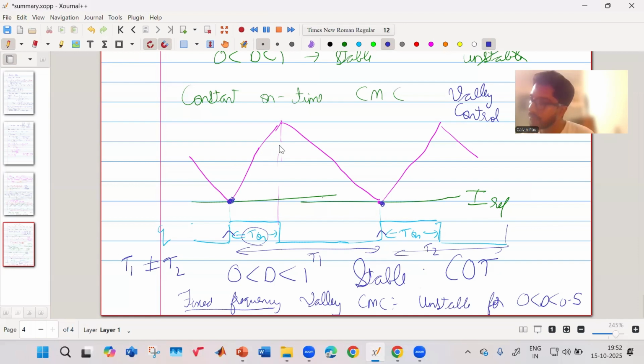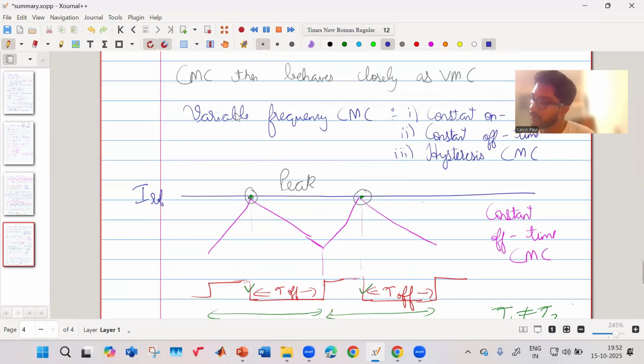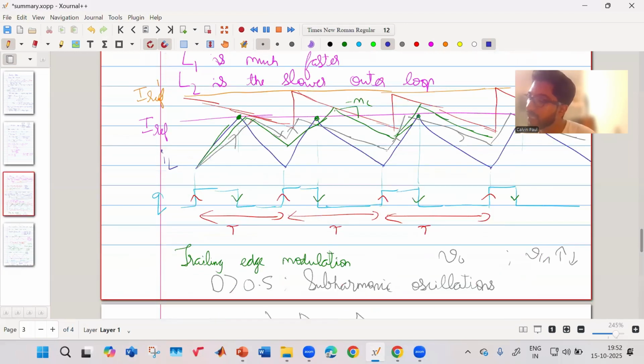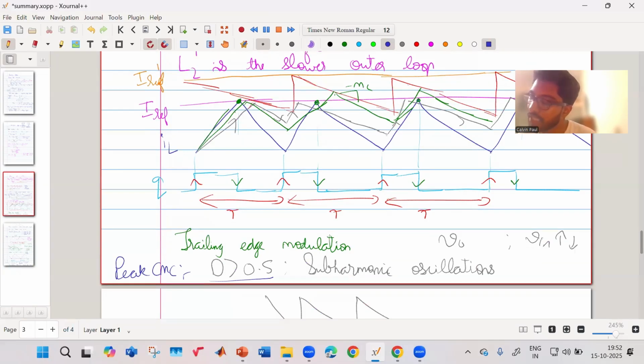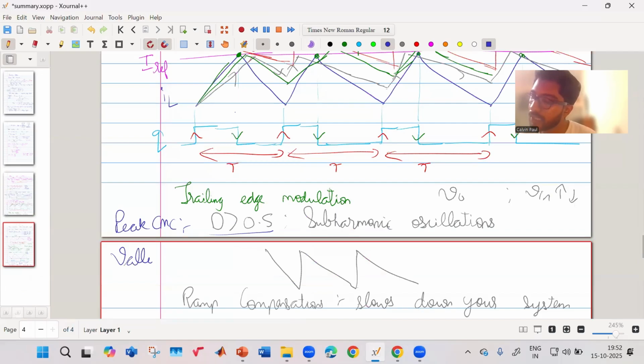And for fixed frequency peak current mode control, duty is unstable for duty greater than 0.5. Whereas for your valley current mode control, it is unstable when your duty is less than 0.5.